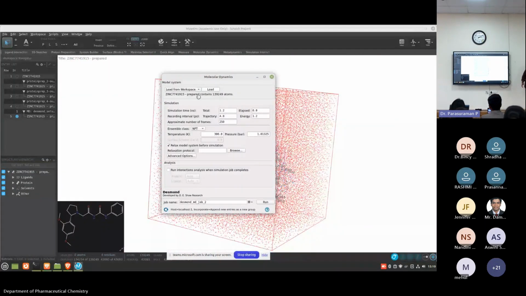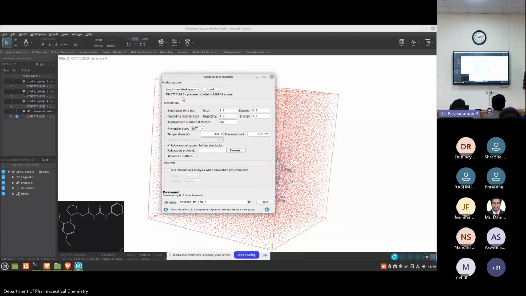Once you load, it gives how many atoms are present for the complex, ions and water. It is already calculated. Here it is 1,39,249 atoms. So the atom count is large, and it takes more time to complete this particular simulation.